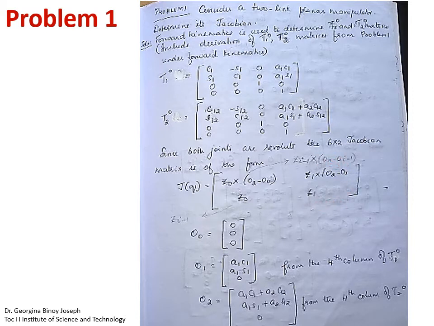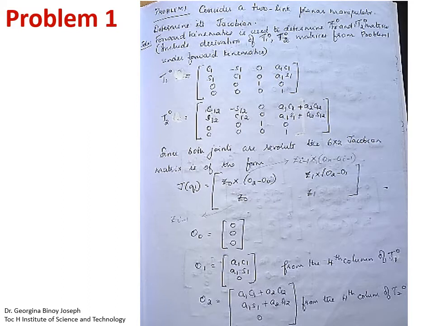Now, how do we find all these different things? They are found from the solution to the forward kinematics equation. O0 is the origin of the base frame, taken as 0, 0, 0. That is the starting point. Now, where is O1 taken from? O1 is taken from T10. In every transformation matrix, the 3 by 3 portion is the rotation and the 3 by 1 vector denotes the position of the origin.